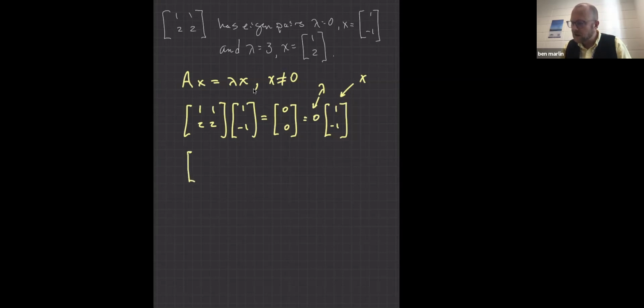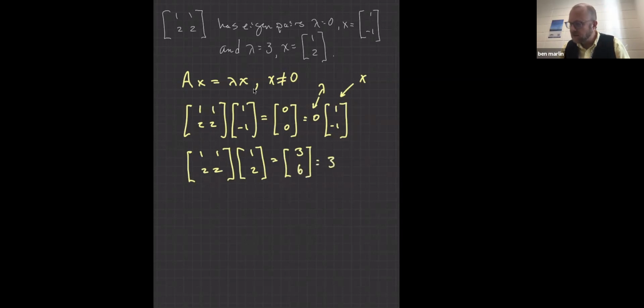Here's another eigenvector for it. So I'm going to take 1, 1, 2, 2, and I'm going to multiply it by the vector 1, 2. Okay. So when I do that on top, we're going to dot 1, 1 with 1, 2. You get 1 plus 2 is 3. On the bottom, we'll have 1, 2 dotted with 2, 2. And so you get 2 plus 4 is 6.